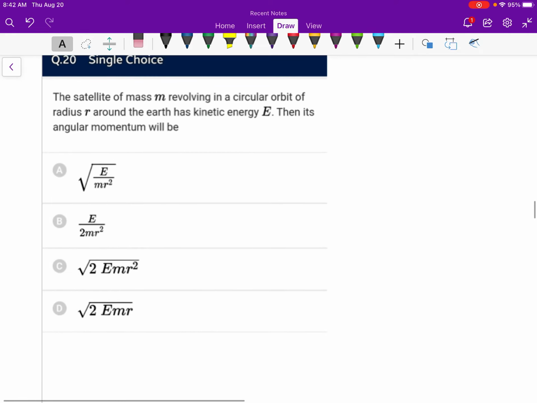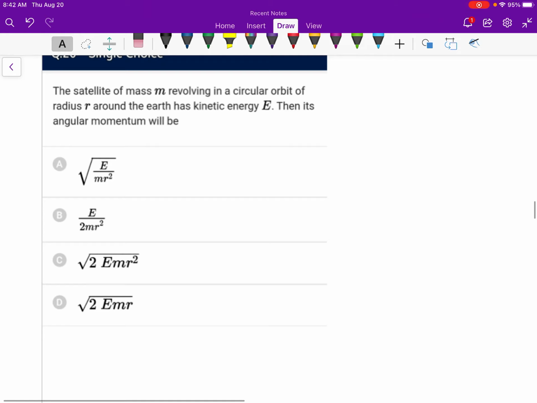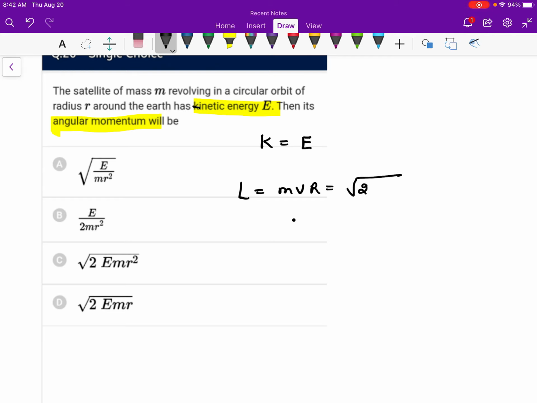The satellite of mass m revolving in a circular orbit of radius a around the earth has kinetic energy E. So kinetic energy is E and angular momentum we are to calculate. So kinetic energy K is given E and L is mvr in circular orbit. Mv is momentum, which is root 2Km into r.